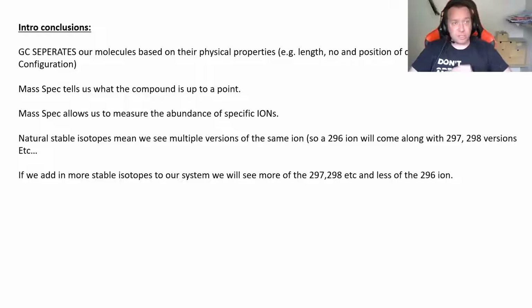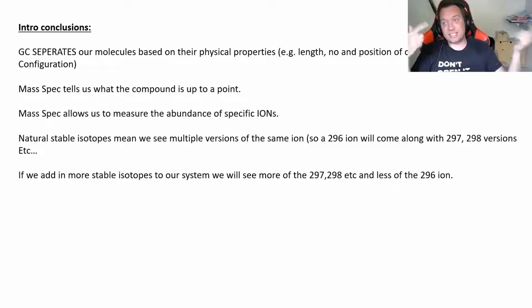So, in conclusion, GC separates our molecules based on their physical properties, e.g. their length, the number and position of their double bonds, and the cis-trans conformation of those double bonds. So this is for fatty acids. The mass spec tells us what the compound is, but only up to a point, because as we've seen already, it doesn't necessarily distinguish between molecules with the same molecular weight.